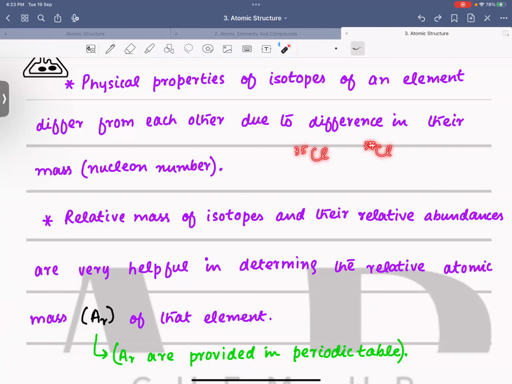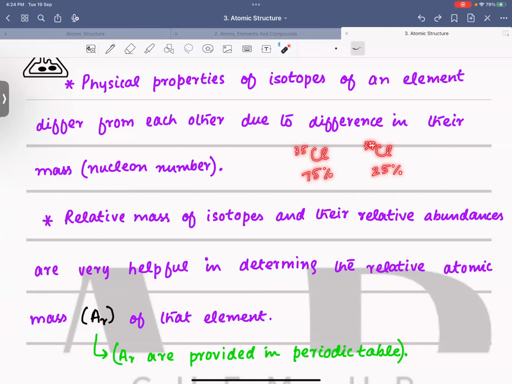When we look into it, we find that chlorine 35 is 75% abundant in any sample of chlorine, and chlorine 37 is 25% abundant. Is this understandable?